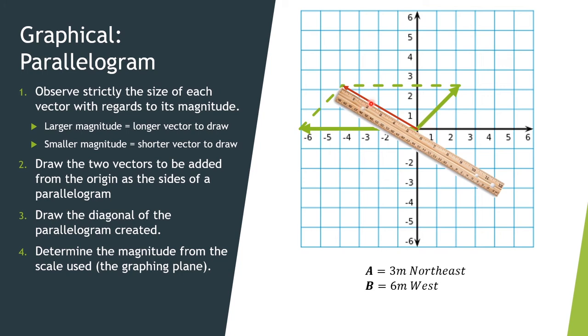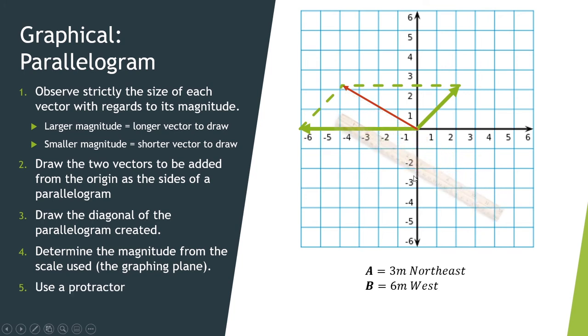But of course, if you want it to be much easier to measure with a common ruler, just follow the scale of a ruler. For example, one box is 1 centimeter each so it's easier to measure with a ruler. Number 5, use a protractor to find out the angle. That's it. You find the resultant vector that way.